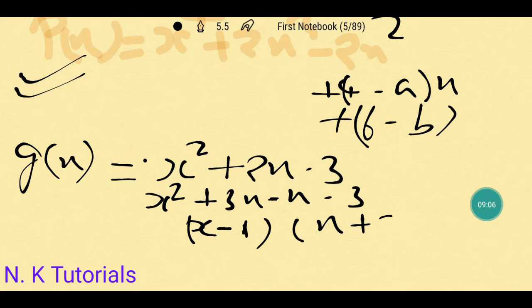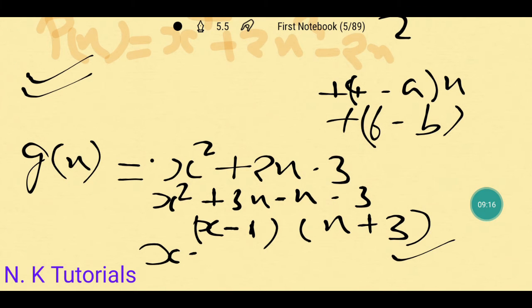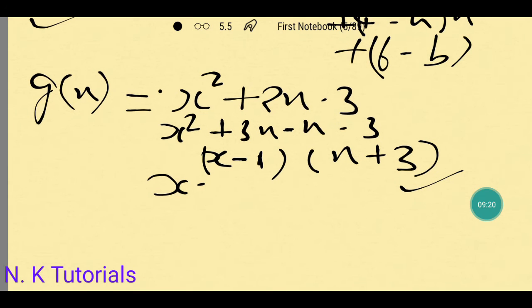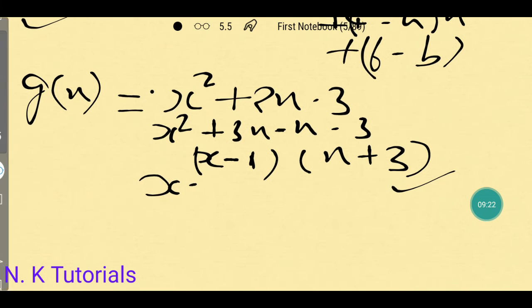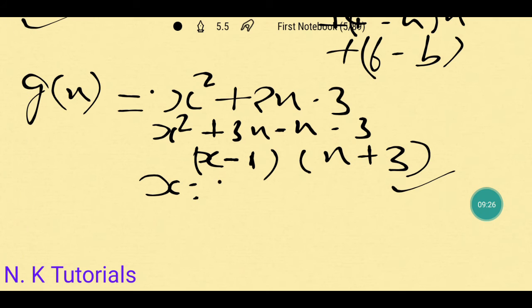Now we have got the factors x minus 1 and x plus 3. This means x is equal to 1 and x is equal to minus 3.